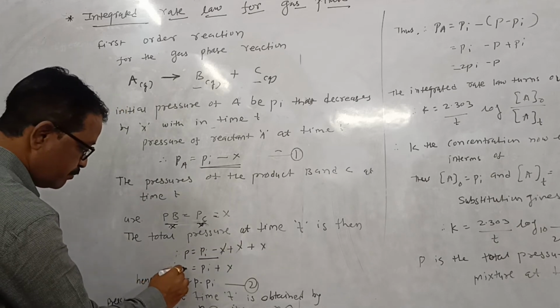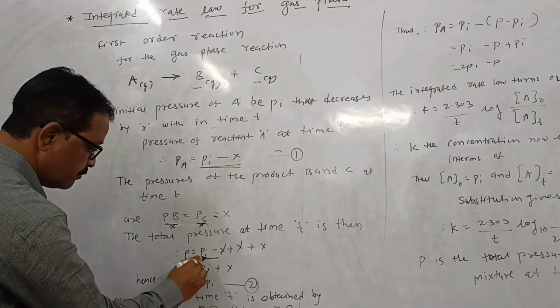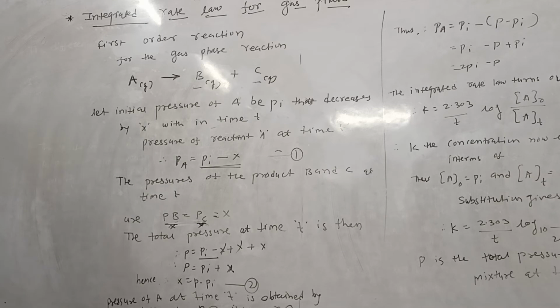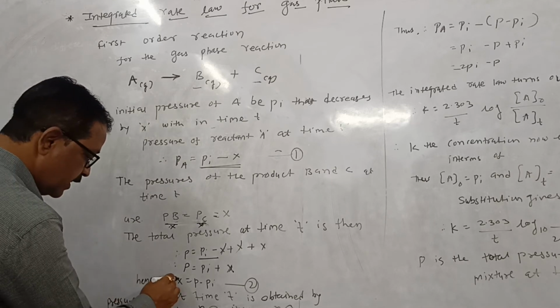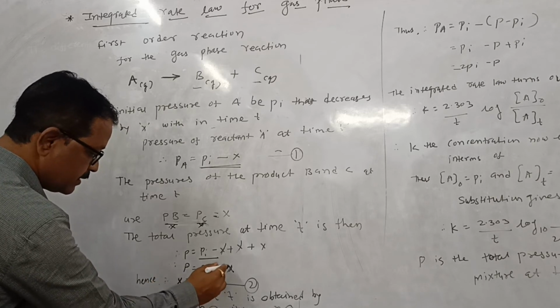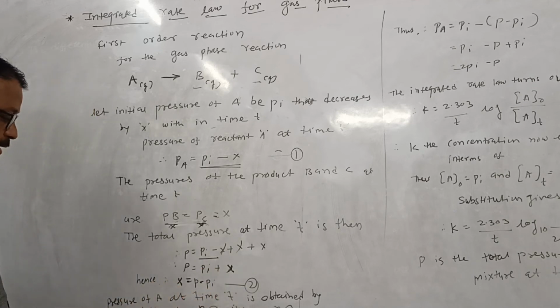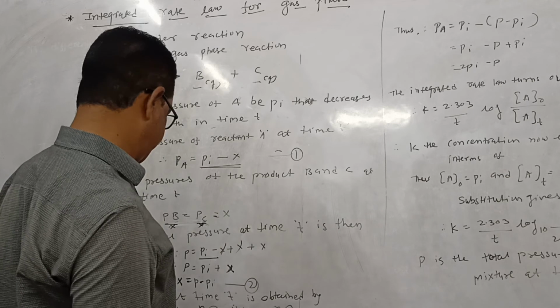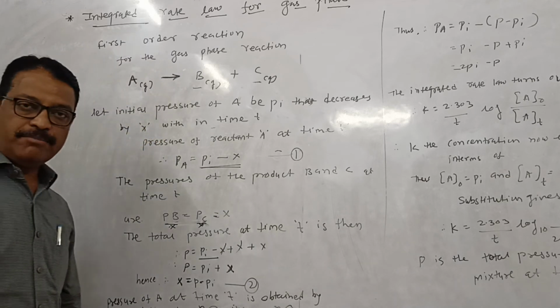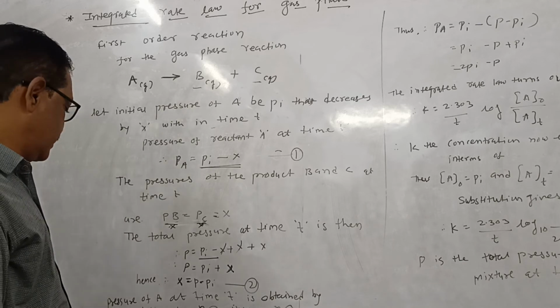Remaining P is equal to Pi plus x. Hence, x is equal to P minus Pi. This is equation number 2.